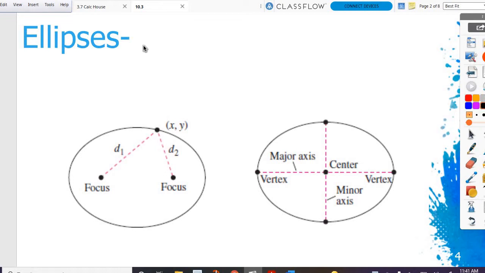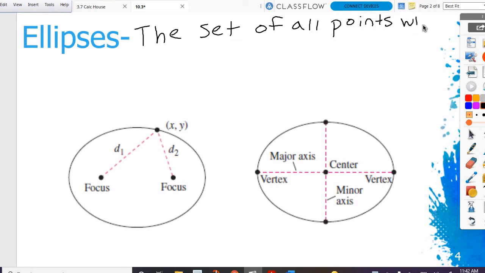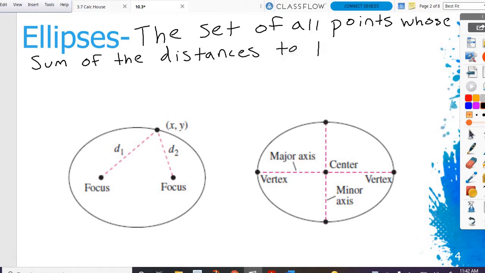So ellipses are going to be the set of all points whose sum of the distances to two fixed points, and just like with our parabola, our fixed points are going to be our foci, is constant.